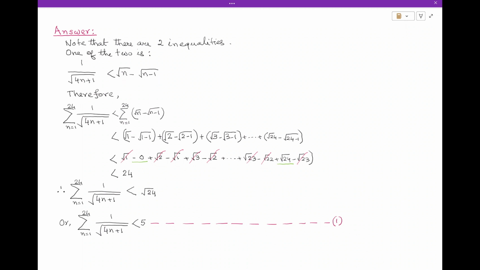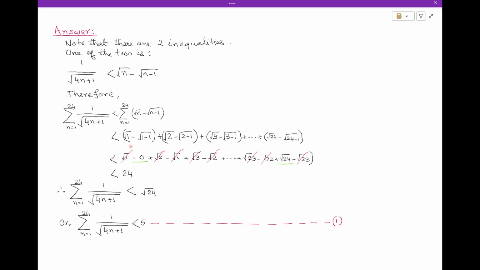Therefore, the summation of n equals 1 to 24 of 1 divided by square root of 4n plus 1 is less than the summation of n equals 1 to 24 of square root of n minus square root of n minus 1.